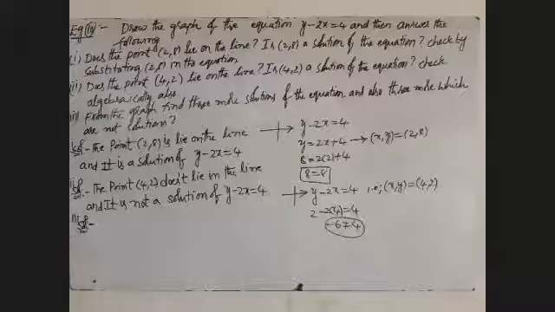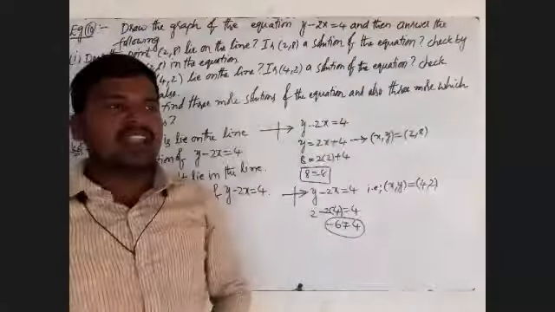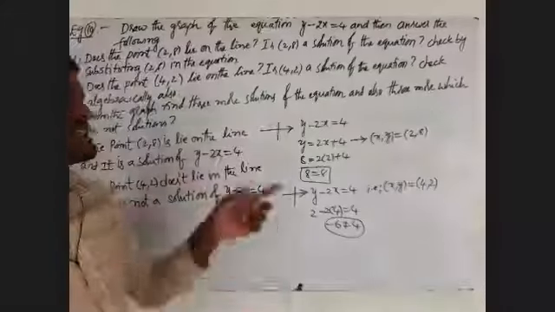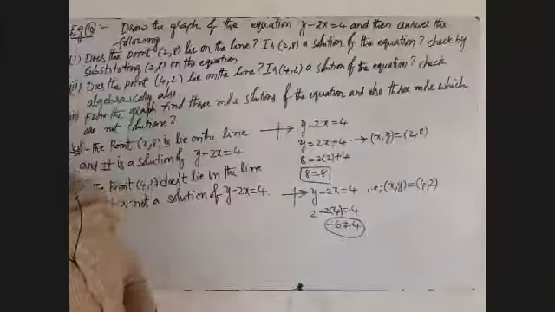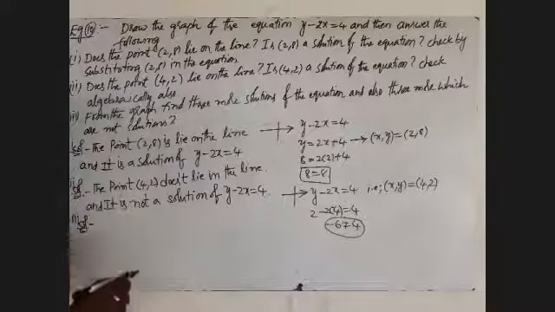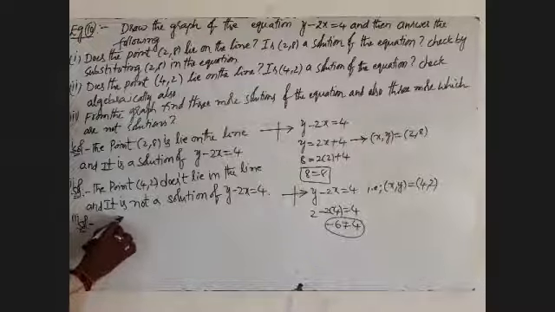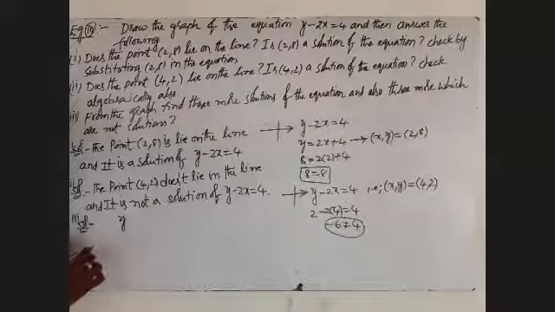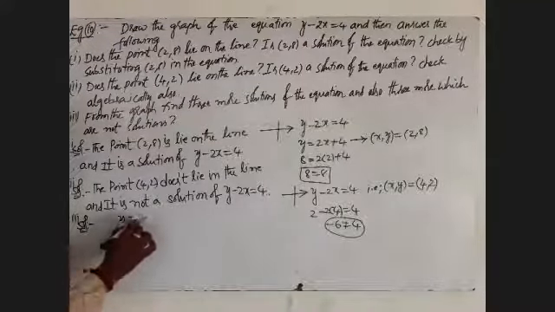What I am asking: from the graph, find 3 more solutions of the equation and also 3 more which are not solutions. Take 3 points that satisfy the equation and 3 points that do not. The given equation is y is equal to 2x plus 4.